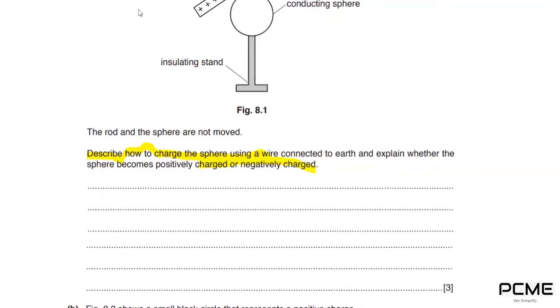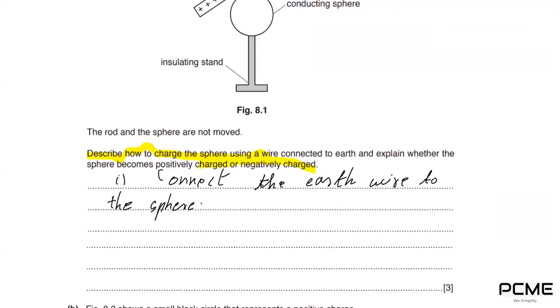Now, if you have watched my previous videos on electrostatic induction, I actually explained how to charge a sphere. So the first step will be to connect the earth wire. Now what will be the second step? Remove the earth wire.